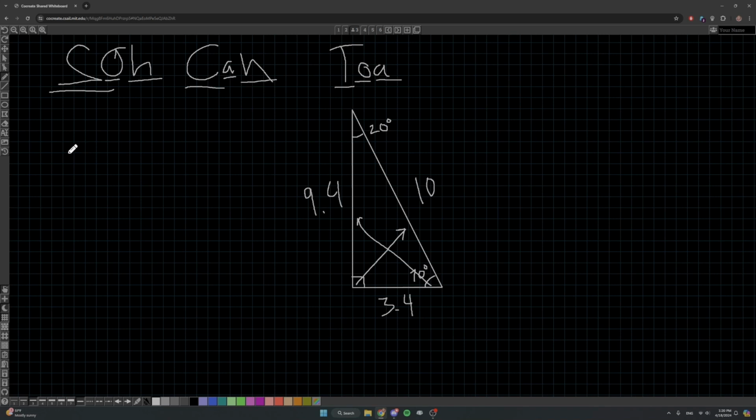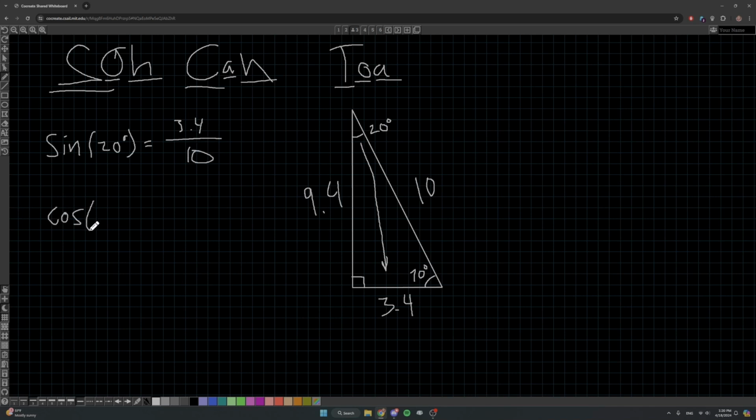So let's do it. Let's do sine of 20. Sine of 20 is going to be the opposite, 3.4, over the hypotenuse, 10. Cosine of 20 is going to be the adjacent side.